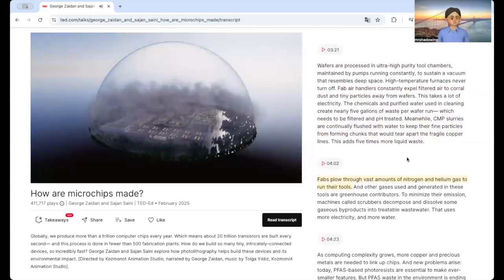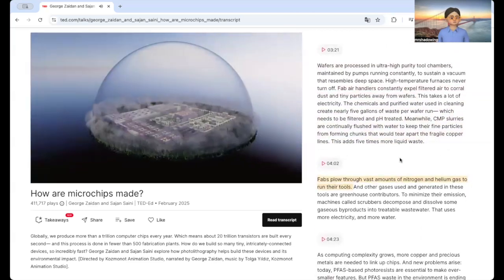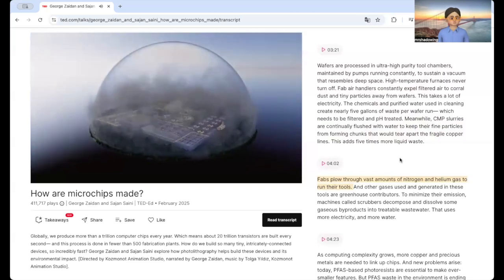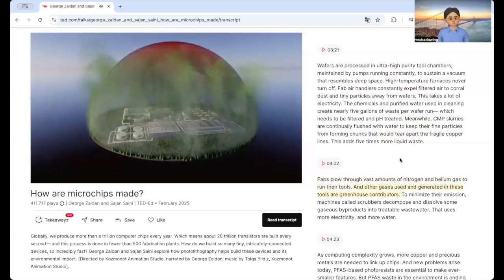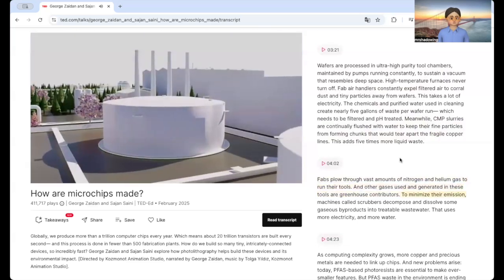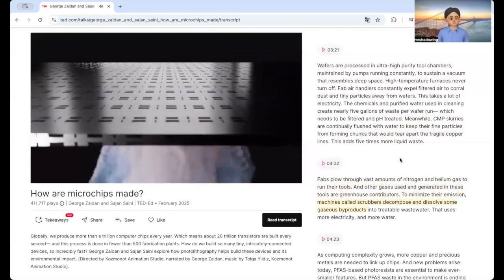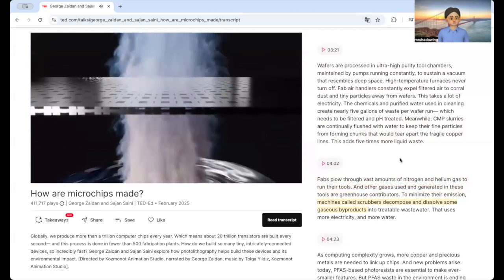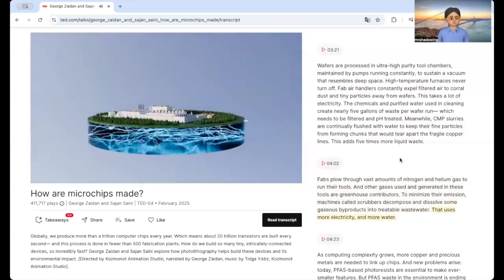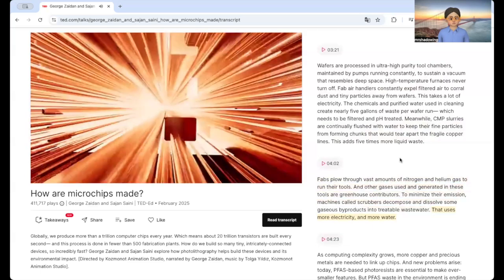Fabs pass through vast amounts of nitrogen and helium gas to run their tools, and other gases used and generated in these tools are greenhouse contributors. To minimize their emissions, machines called scrubbers decompose and dissolve some gas byproducts into treatable wastewater, which uses more electricity and more water.